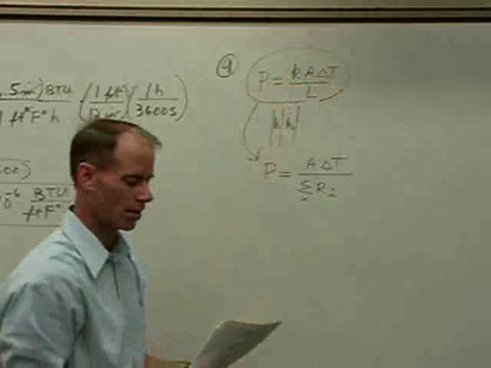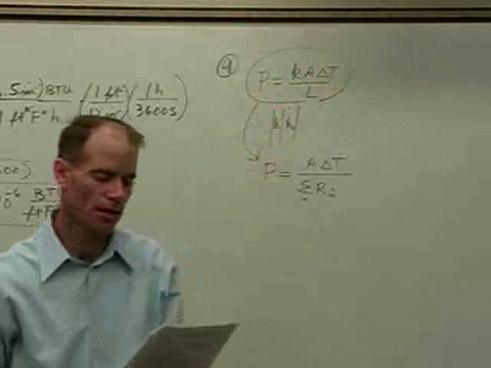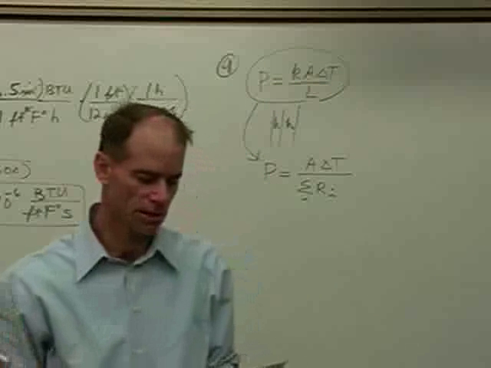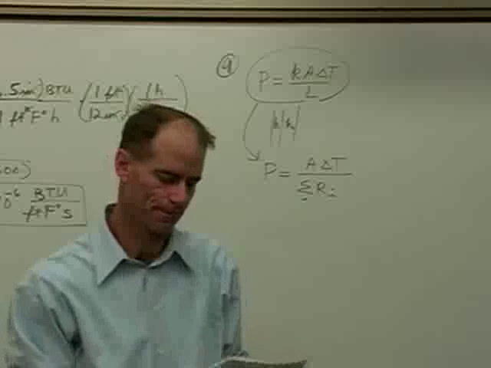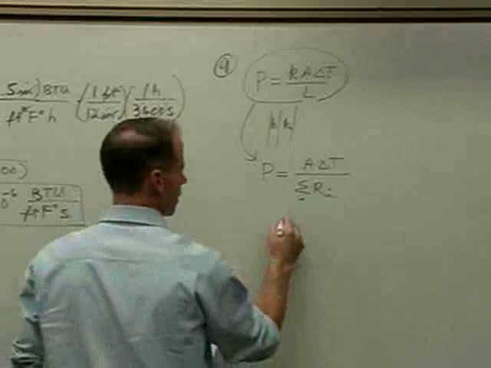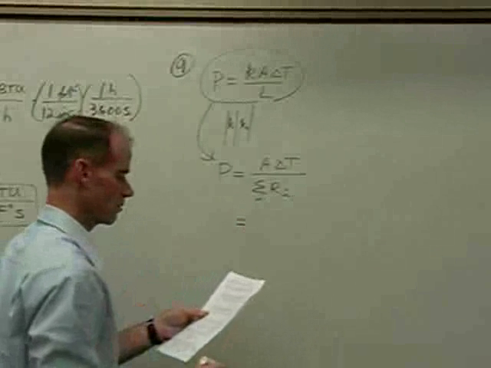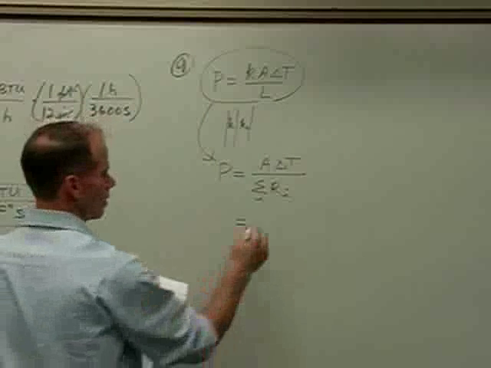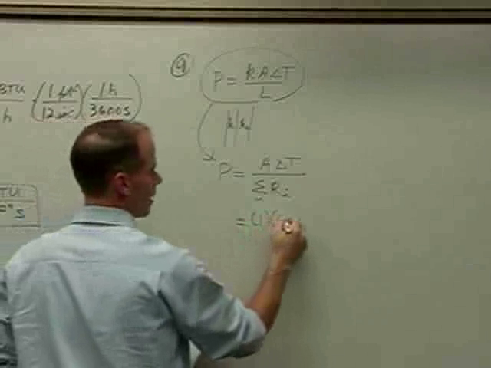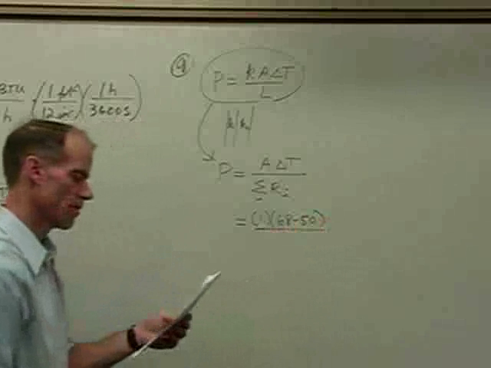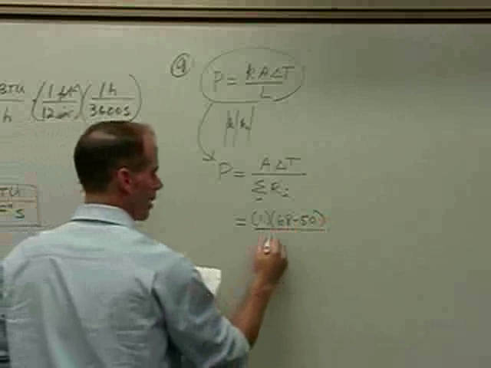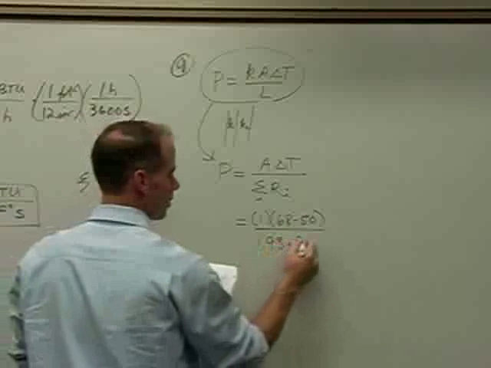we add those together. So here we're going to go from temperature difference of 68 degrees to 50 degrees Fahrenheit. And so this will translate over, say, a foot square. So 1 foot squared, 68 minus 50, over the summation of our R values, which will be 1.93 plus 8.7.